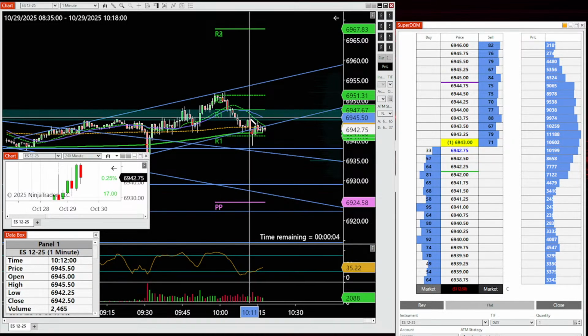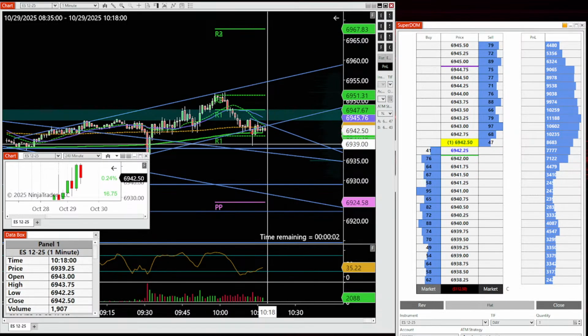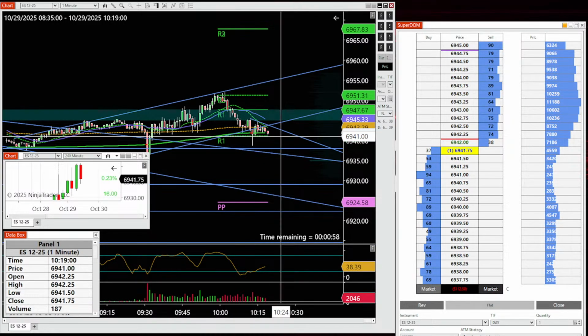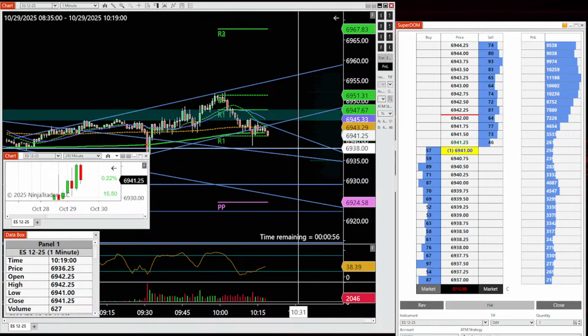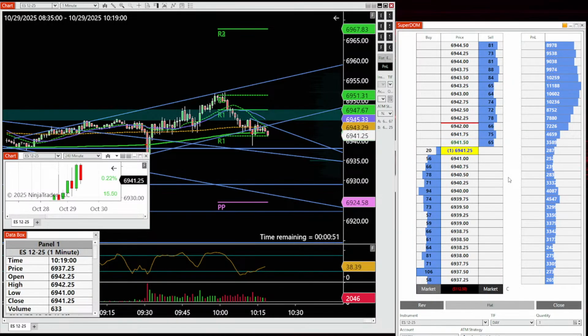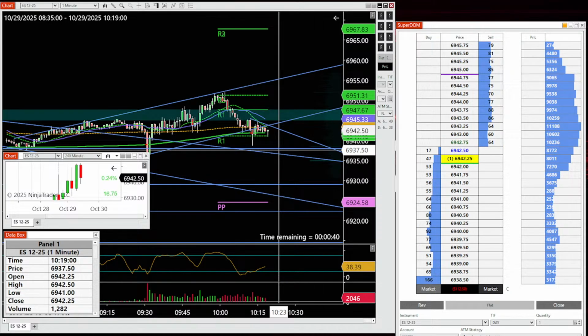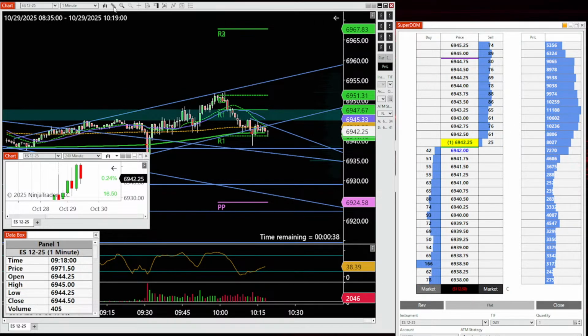Are we making a little trend line here? A little trend line and breakdown. Just when you thought you may be having something, a move.